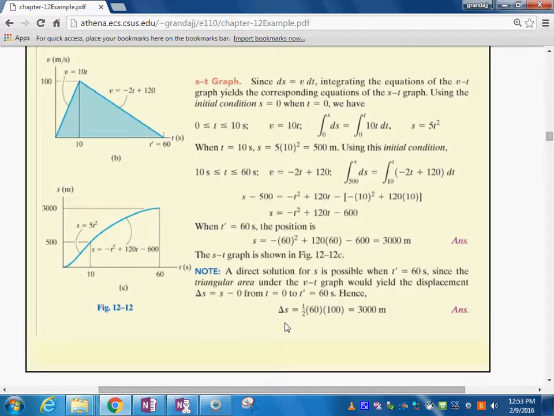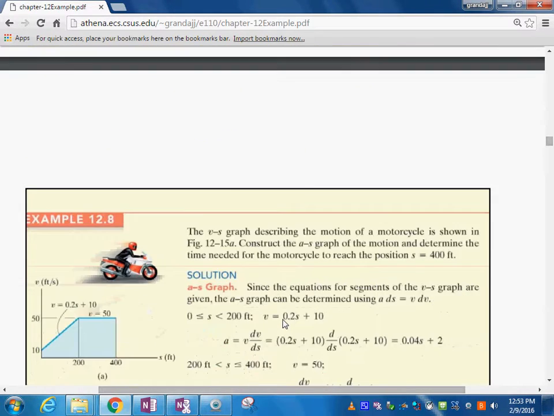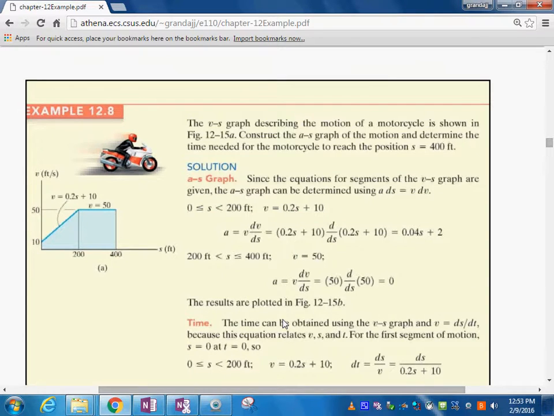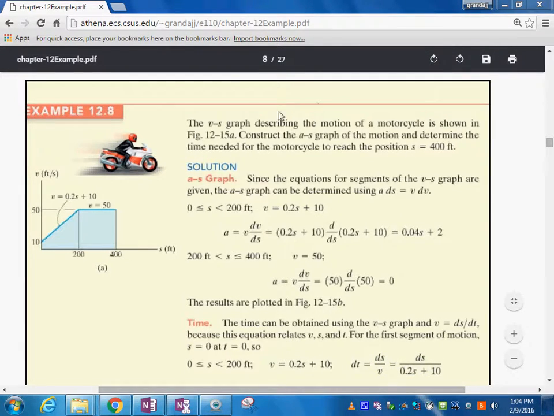It says construct the acceleration position graph of the motion and determine the time needed for the motorcycle to reach the position of 400 feet.